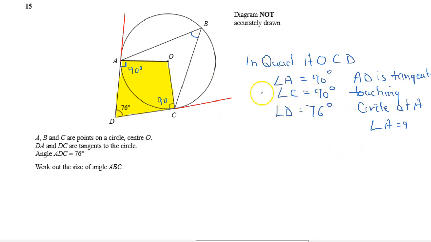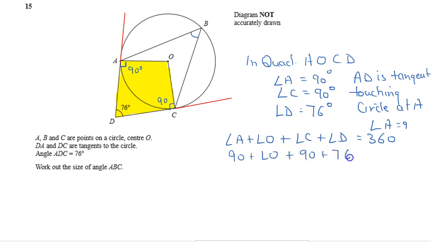So the angle sum property of a quadrilateral is angle A plus angle O plus angle C plus angle D is equal to 360 degrees. So this is 90 plus angle O plus 90 plus 76 is equal to 360 degrees. So angle O will be equal to 104 degrees. So this angle is 104.